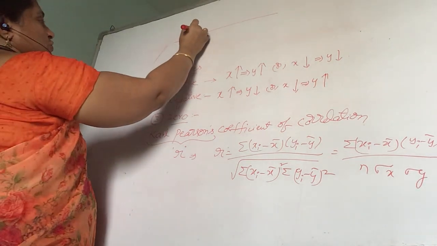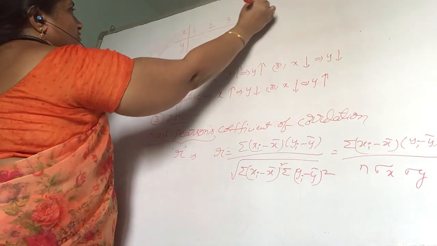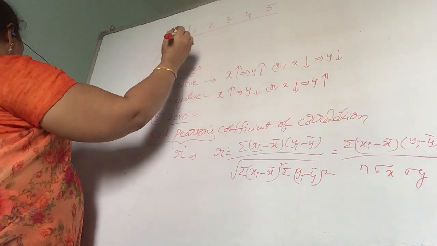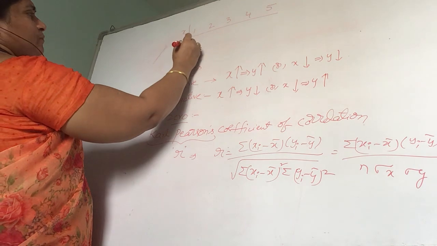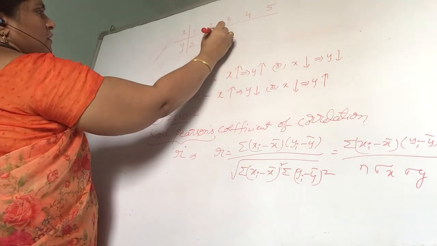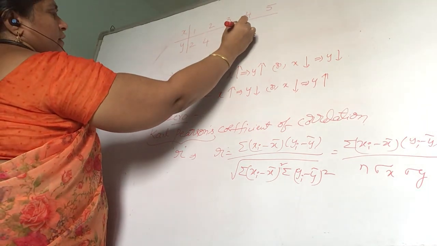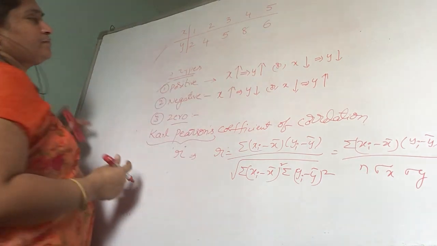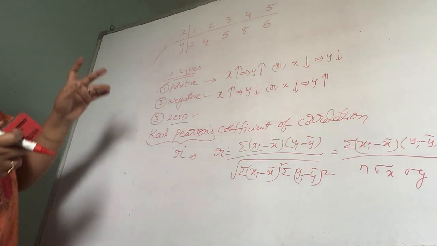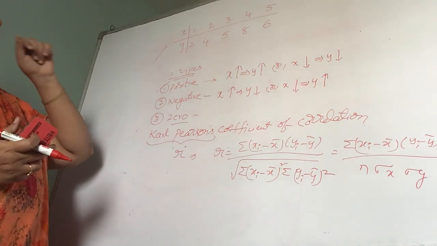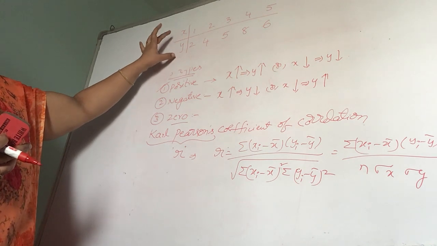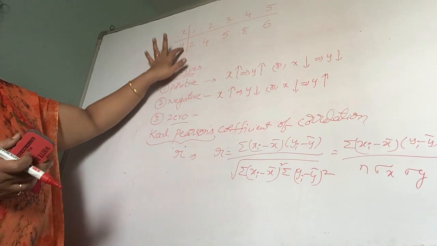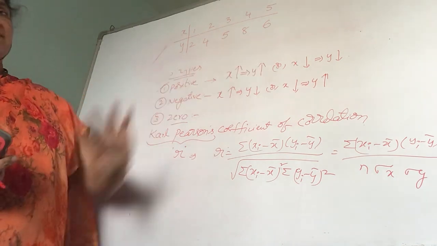Suppose the x values are 1, 2, 3, 4, 5, and the corresponding y values are 2, 4, 5, 8, 6.